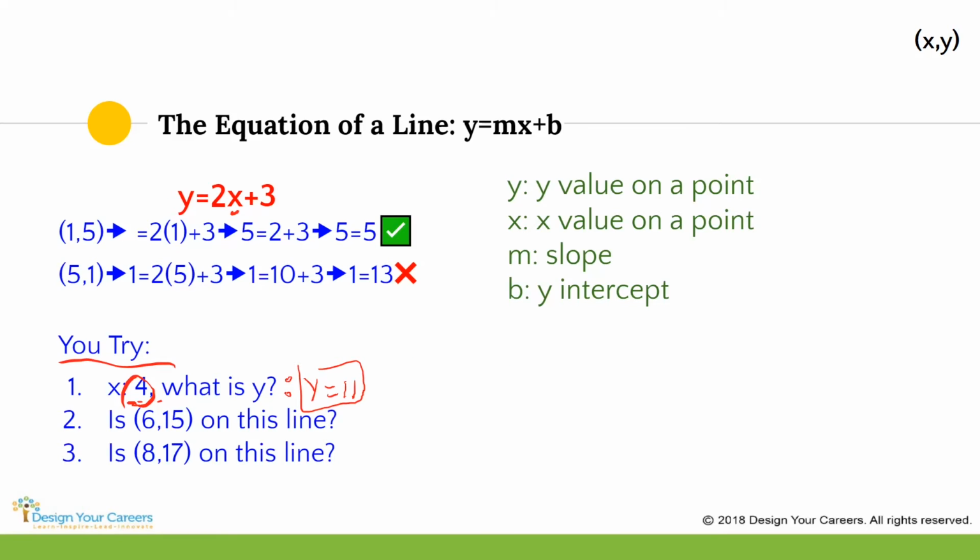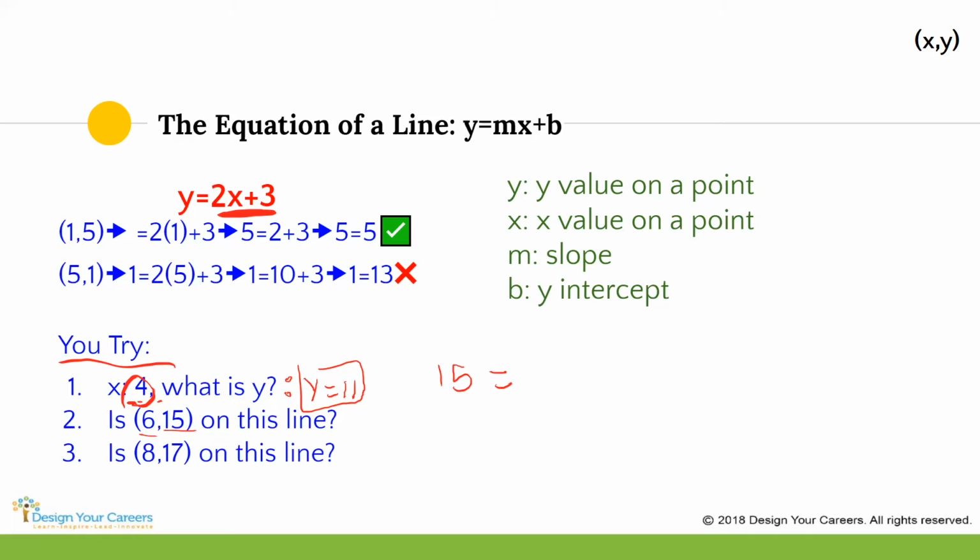All right, so for the second one, it's asking us, is the point 6, 15 on this line? All you have to do is plug in the x and y value. Now we know 6 is our x value, correct? So we know that anything on this side of the equation, when you plug in an x value, should be equal to 15, right?